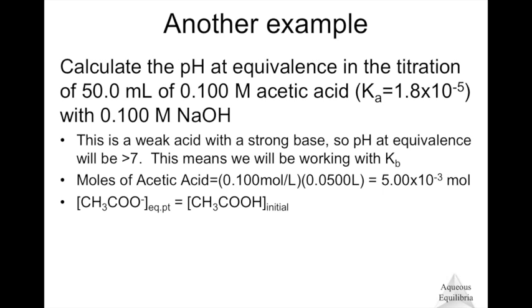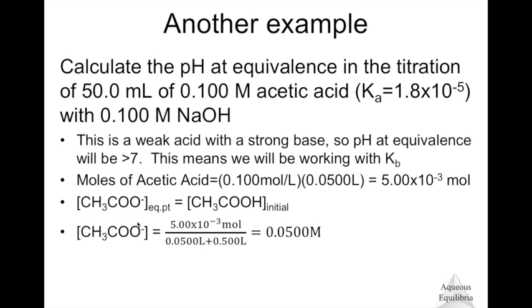And so the concentration of acetate at the equivalence point is going to equal the initial concentration of our acetic acid. If you think about that, you start off with this much, and at that equivalence point we've turned all of this into this, so those are equal.